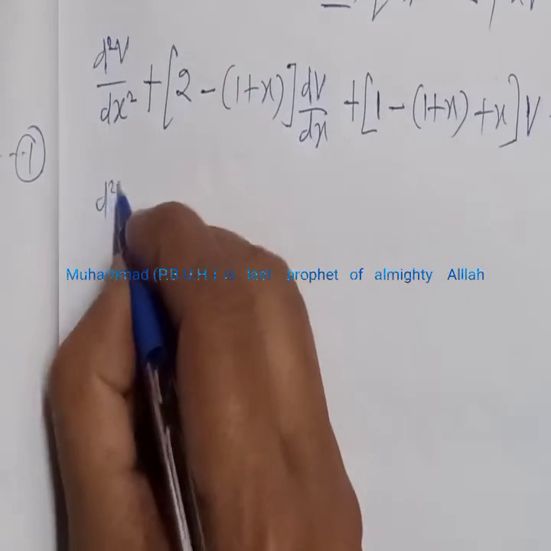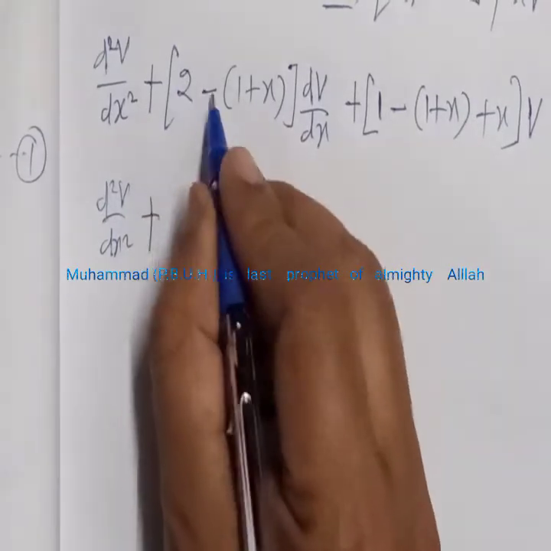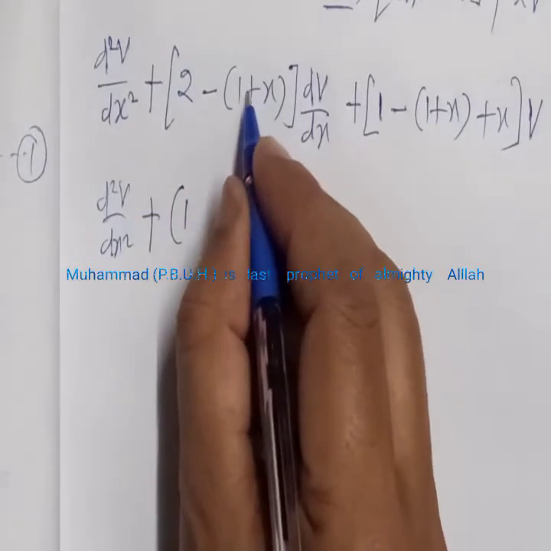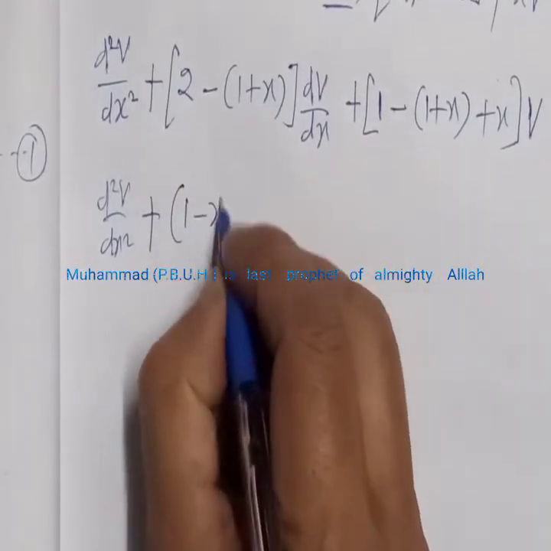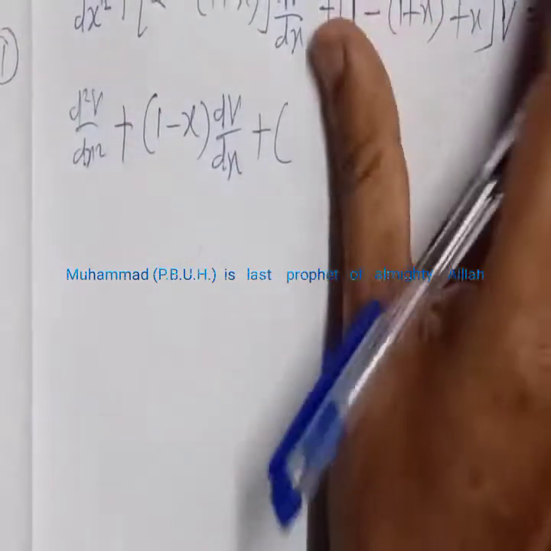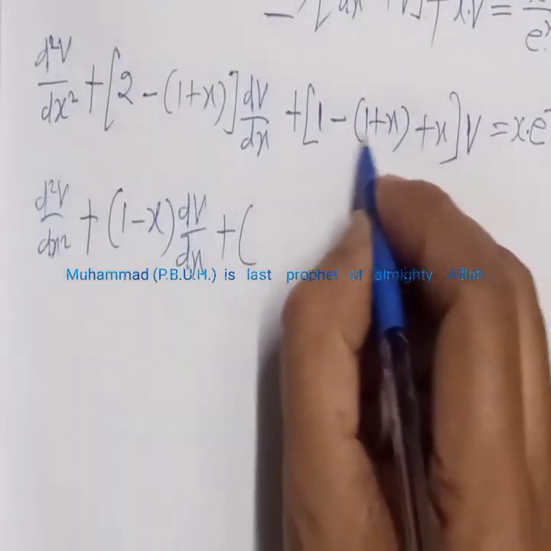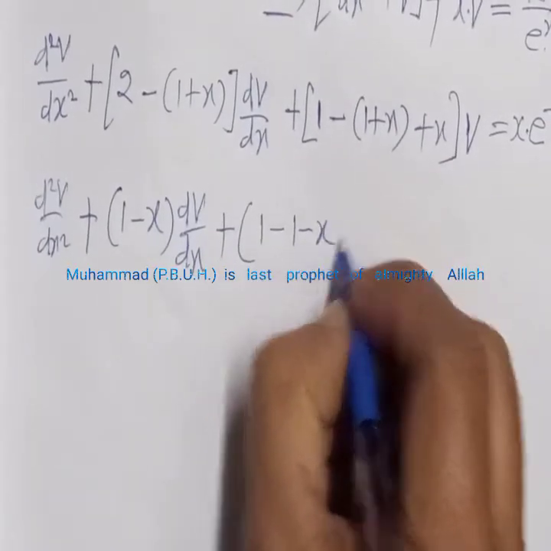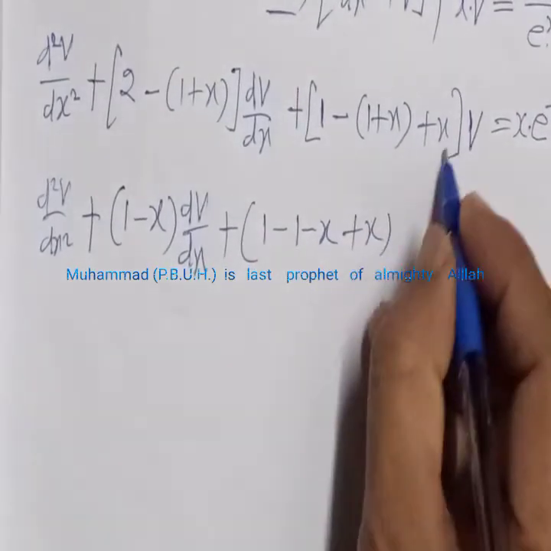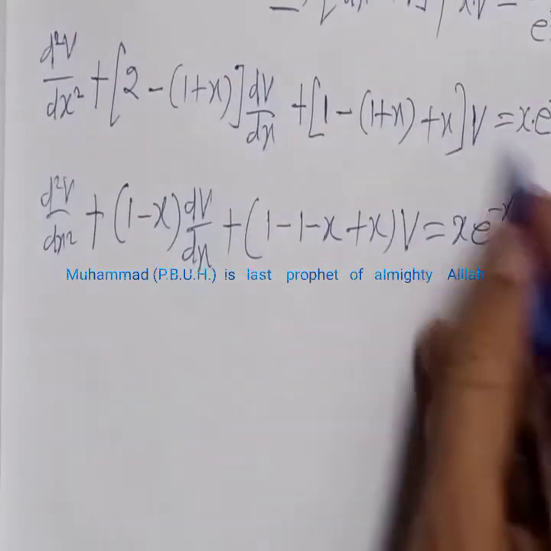After it we write d2v over dx square, and opening this bracket, then 2 minus 1 equal to 1, and the sign of x is converted from plus to minus by this minus sign, so we get dv over dx. Also the sign of this bracket terms changes from plus to minus, so both terms are negative and this x positive, x e to the power minus x without any change on the right hand side.